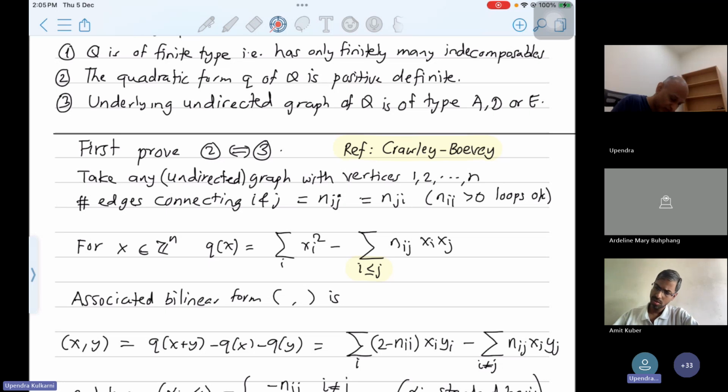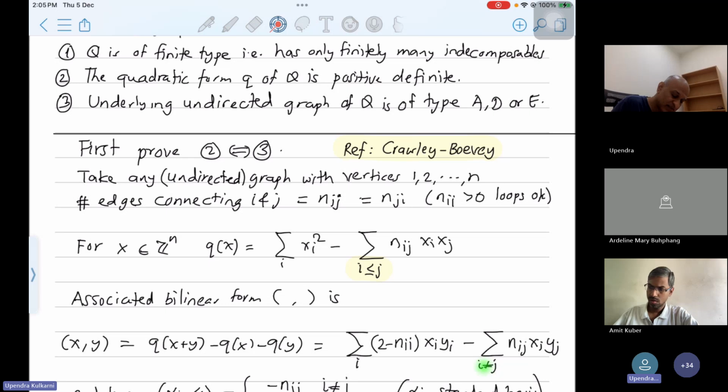All right, so what has happened? This is a matter of just plugging in. If I take x plus y, then I will get (x_i + y_i) whole squared minus x_i squared minus y_i squared, and therefore you will have this 2 times x_i y_i. But the term corresponding to i equal to j from the second summation I have pulled into the first one. That's the reason for this minus n_ii.